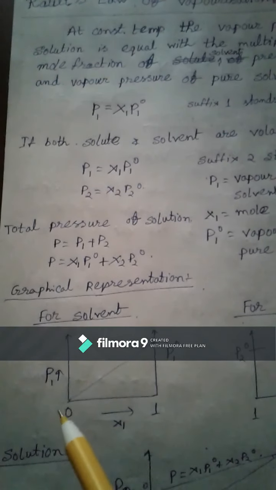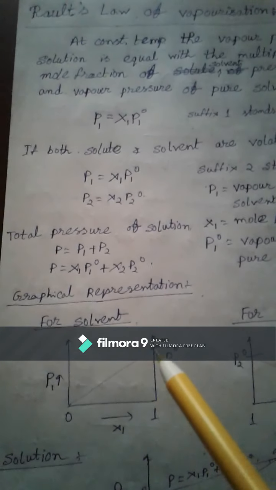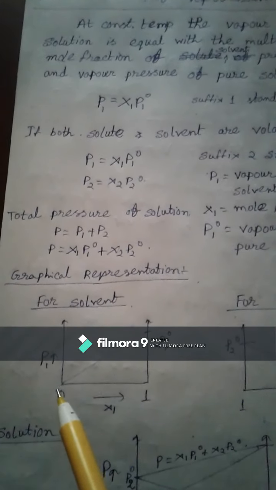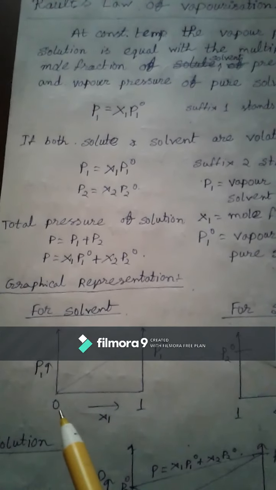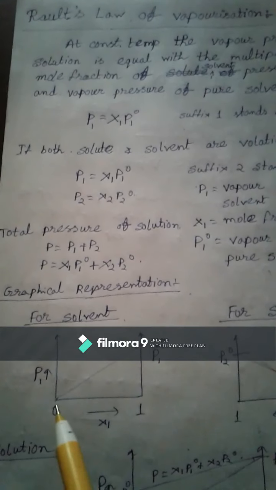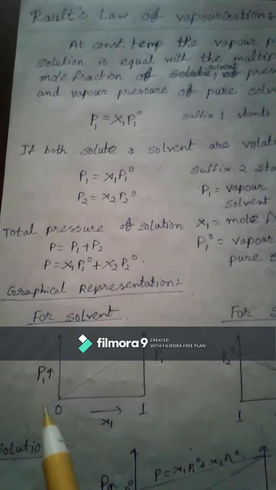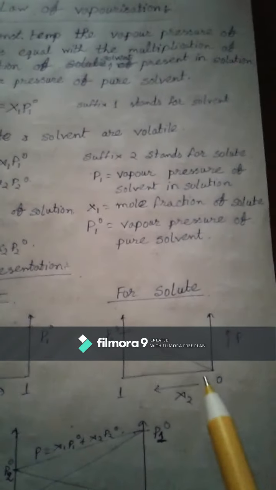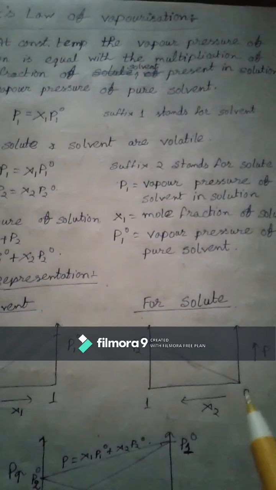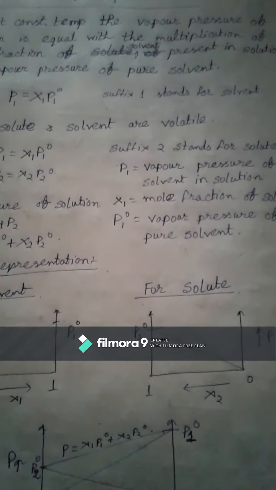Now this is the graph for the solvent, and this is the graph for the solute. Here you can notice we draw the origin here, and the positive x-axis from left to right. But in this case we draw the origin here and the positive x-axis from right to left.